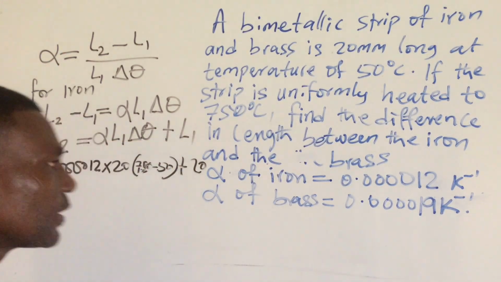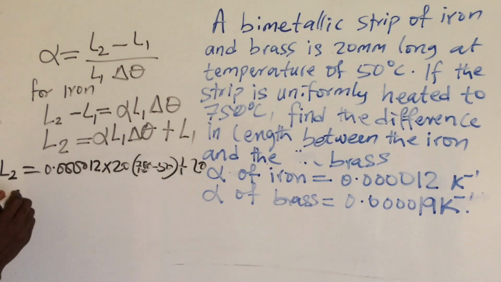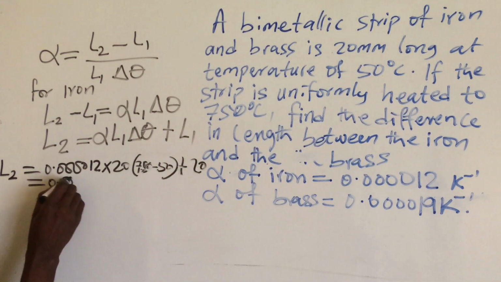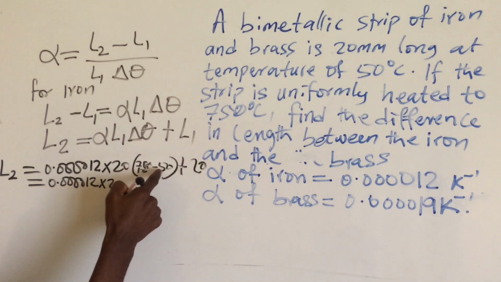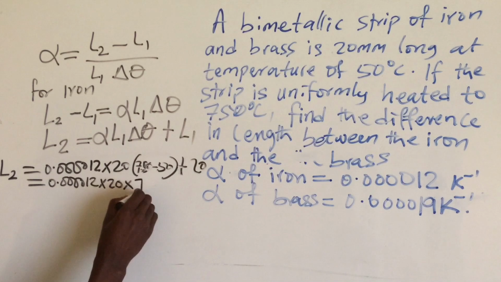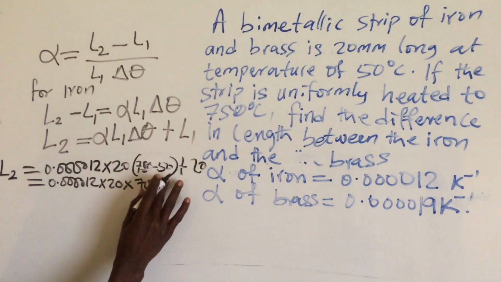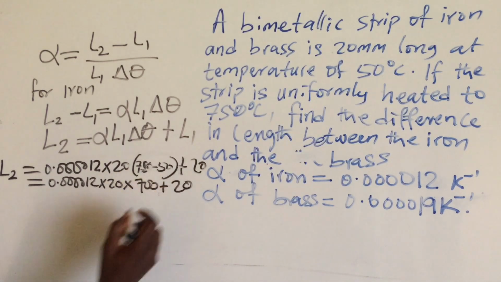So don't be confused. Now we start multiplying 0.000012 times 20 times 700, which is 750 minus 50, plus 20.